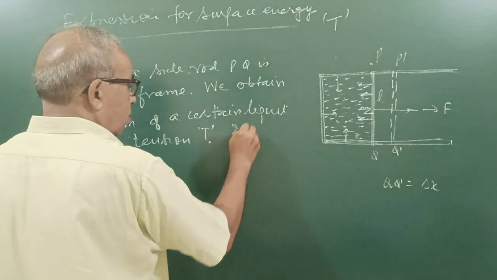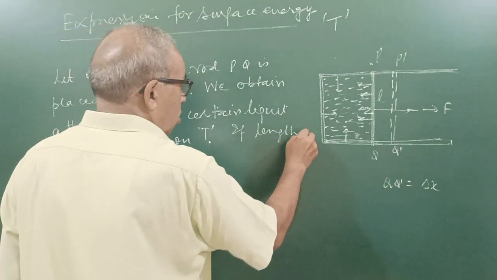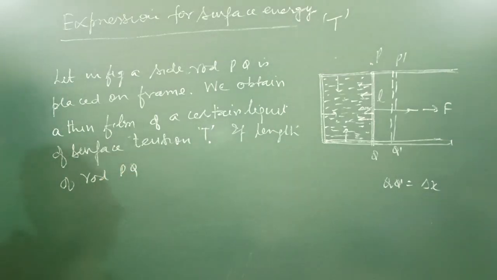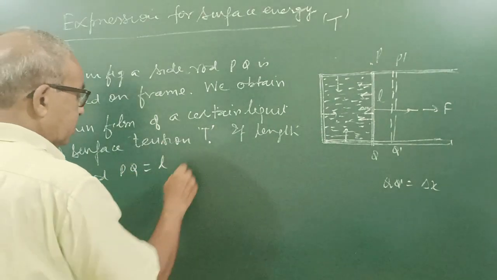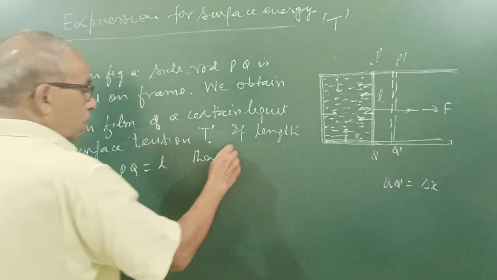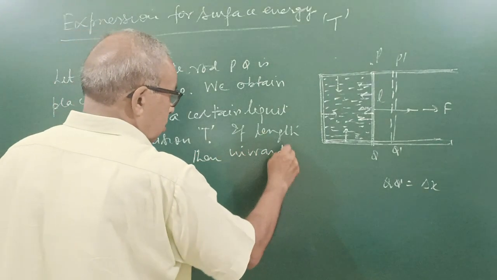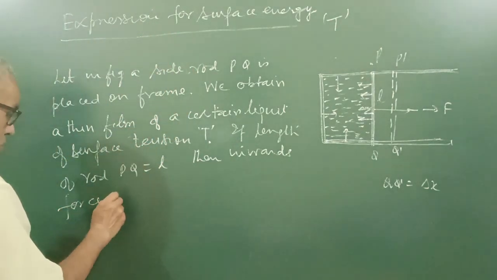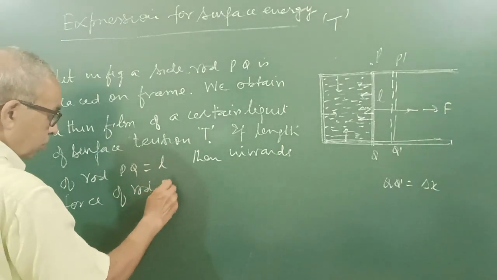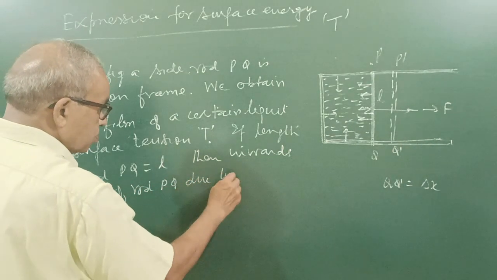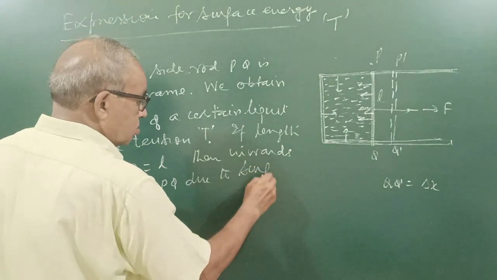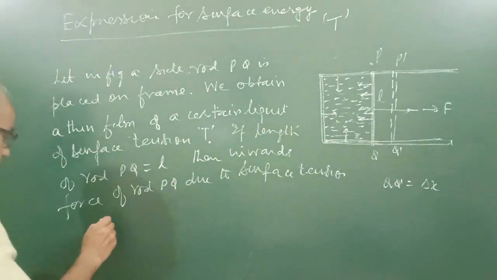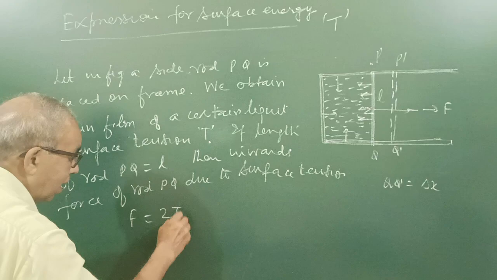If the length of rod PQ is equal to L, then the inward force on rod PQ due to surface tension, that F will be 2TL.